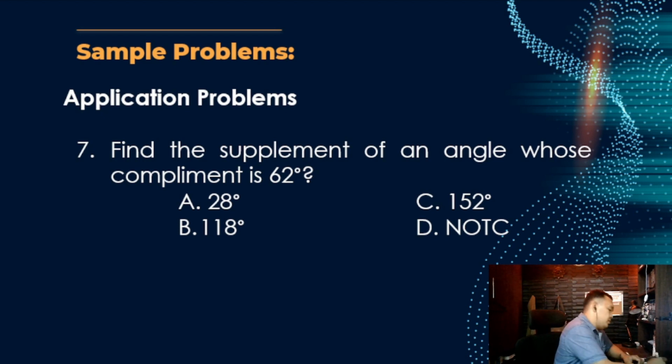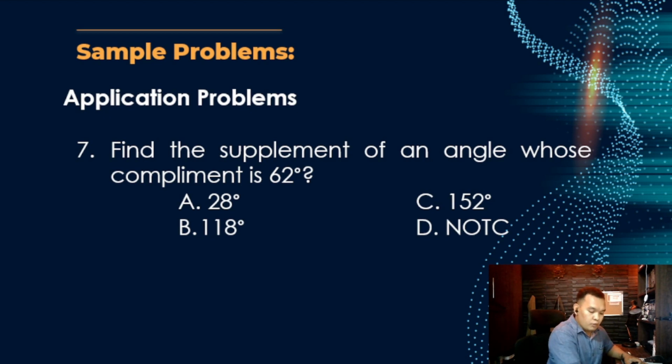Okay, number 7. Find the supplement of an angle whose complement is 62. So, pag sinabi natin sum of complement angles is equivalent to 90 degrees yun, no? So, sabihin natin sum of complement angles is equivalent kay 90 degrees.